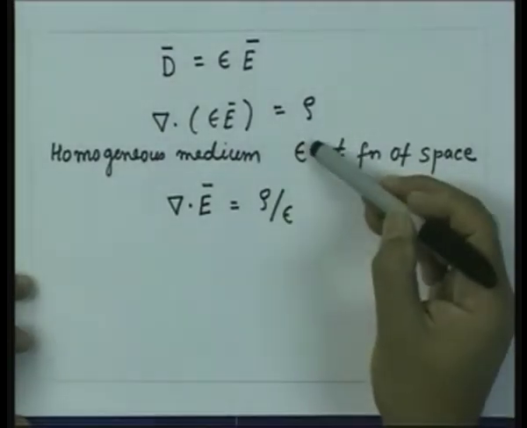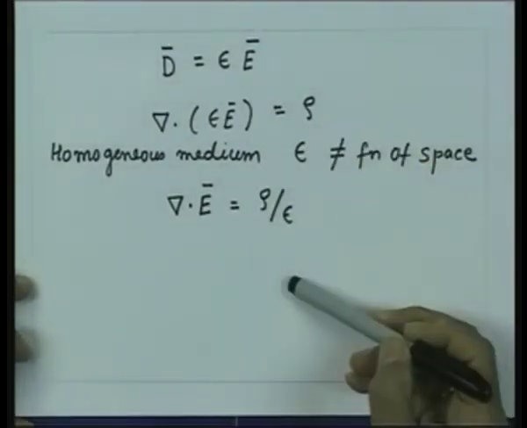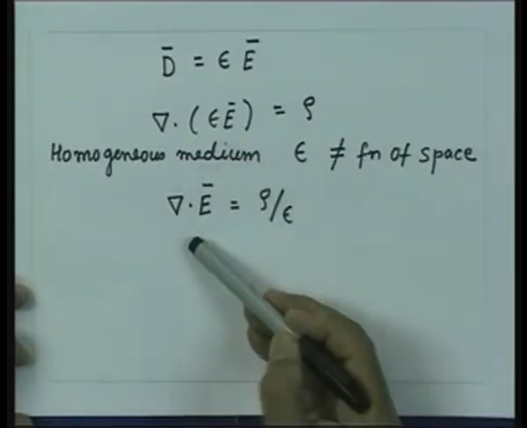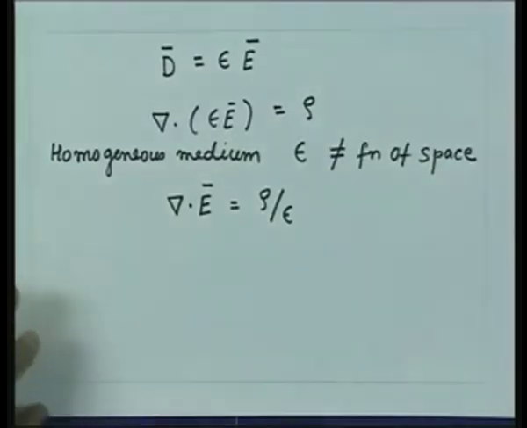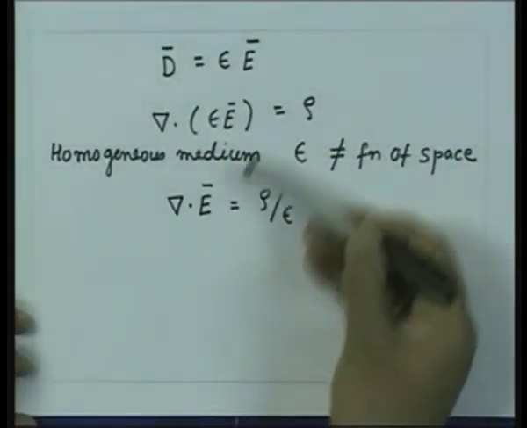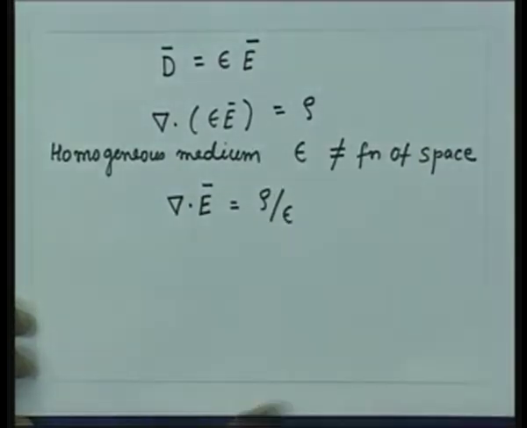So, we can apply this Gauss law for a homogeneous medium for the electric field directly instead of going to the displacement vector. And later on we will see, when we solve the problem of electromagnetics for time varying fields, essentially we try to establish a relationship between the electric and magnetic fields rather than the displacement vector and the magnetic flux density. So, at that time this form in the homogeneous medium will be more useful.